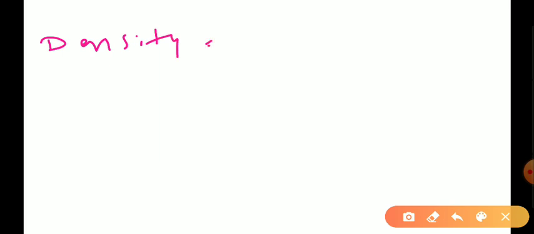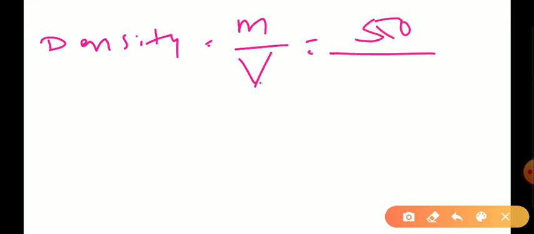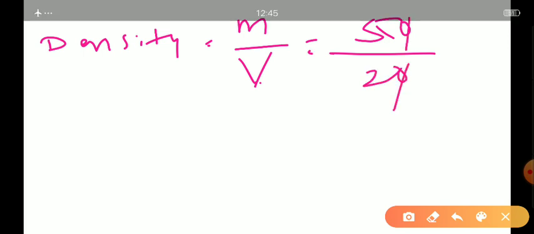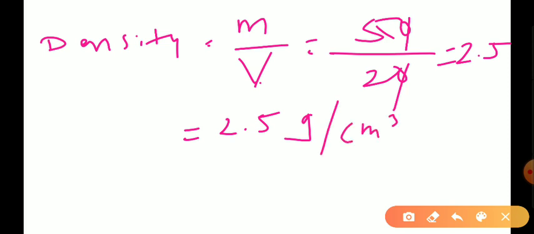Density is equal to mass upon volume. Mass they have given as 50 and volume as 20. 0 will get cancelled and this will become 2.5. So density is 2.5 gram per cubic centimeter.